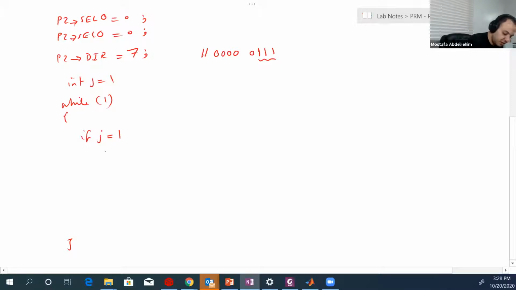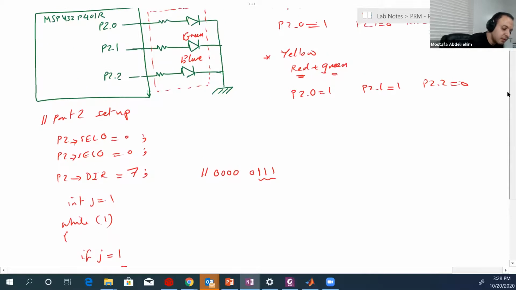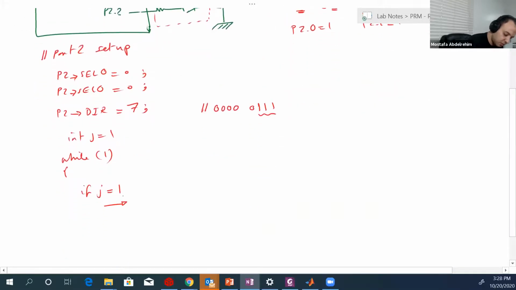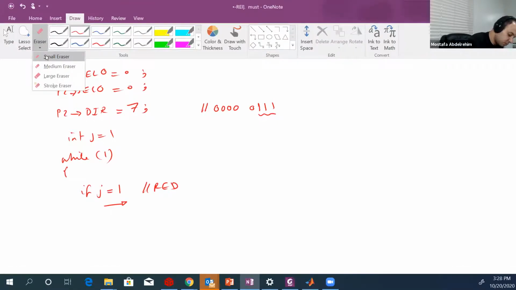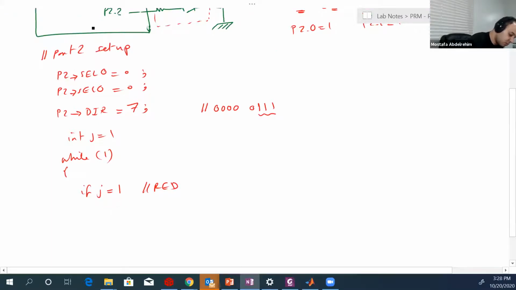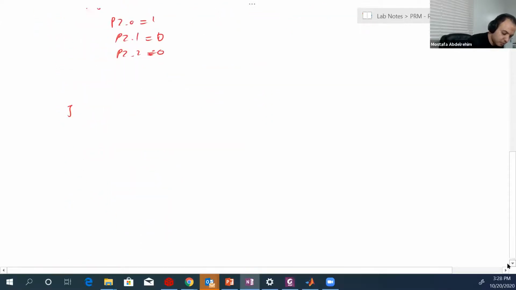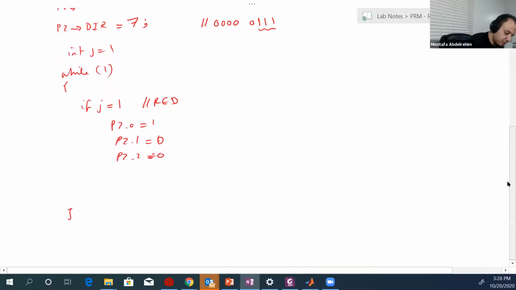Then you want, for example, red. So this is for red. So if j is equal to 1, then B2.0 equal to 1, B2.1 equal to 0, and B2.2 equal to 0. Then you increment j as well.